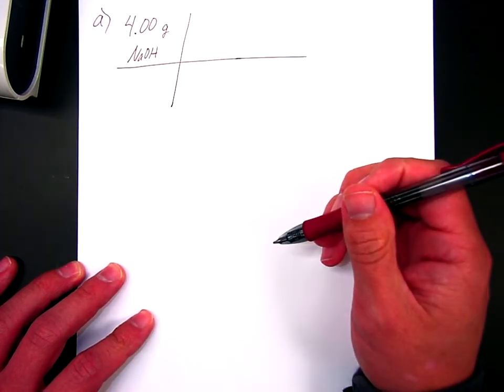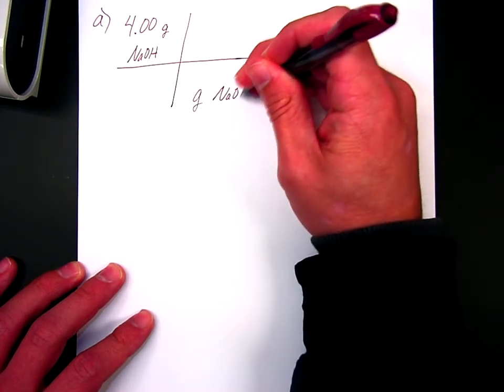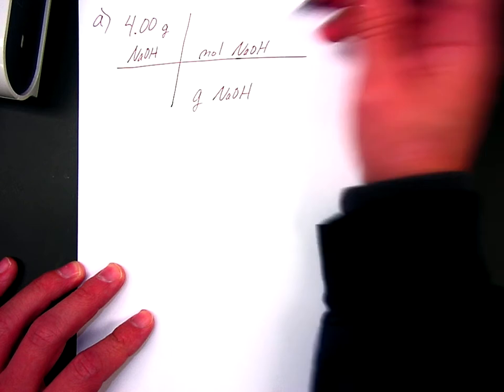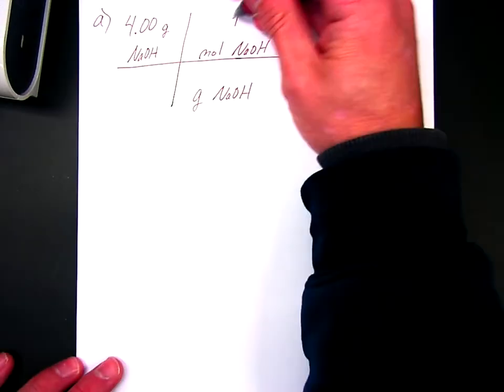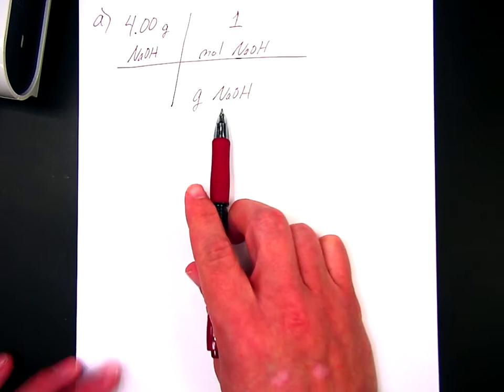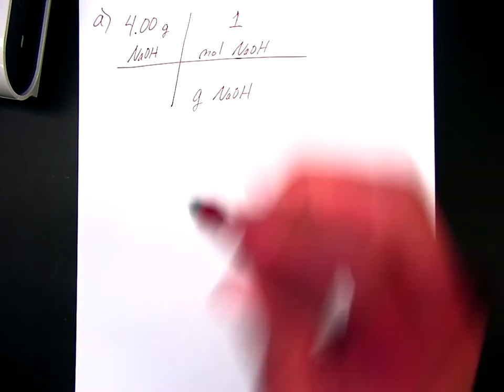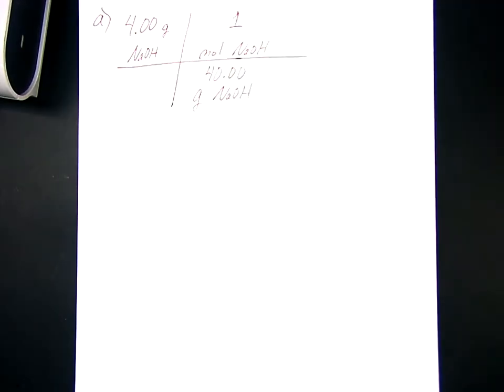All right, so I'm going to make the diagonal match. And we're going to go from grams to moles. And I know that when moles is over grams, it's 1 over periodic table. So we would need to go to the periodic table and add up Na plus O plus H. And you're going to get 40 if you add up the molar masses.